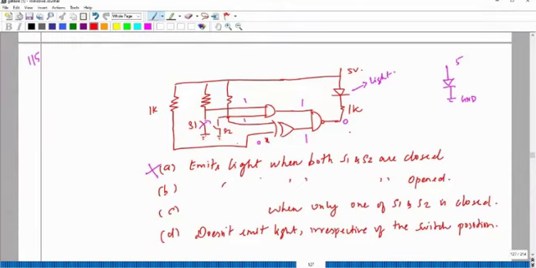Okay, so it is not possible, right? Here it is 1 already, so it is always 1 here. So it doesn't emit the light irrespective of the situation. This is your answer.